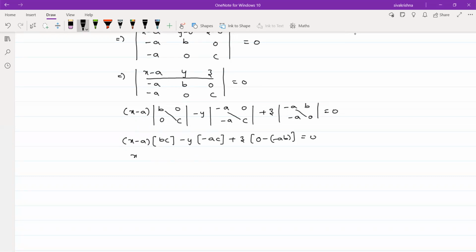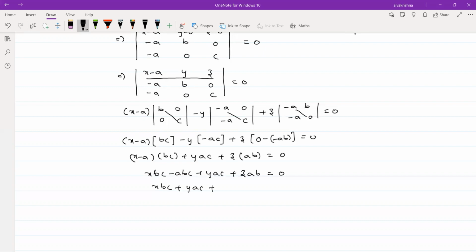So we get x minus a into bc, plus y into ac, plus z into minus of minus, which means plus ab, is equal to 0. So finally we get xbc minus abc plus yac plus zab is equal to 0. If you take this minus term to the right side, we get xbc plus yac plus zab is equal to abc.